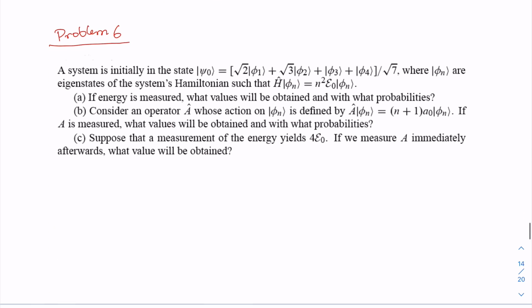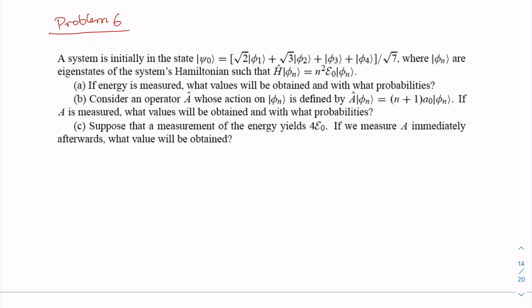Now let us work out this problem. It is given a system is initially in the state psi 0. It is written as a superposition of eigenstates phi 1, phi 2, phi 3, phi 4, where phi n's are eigenstates of the system's Hamiltonian such that the Hamiltonian satisfies this eigenvalue equation. In part A, if energy is measured, what values will be obtained and with what probabilities?